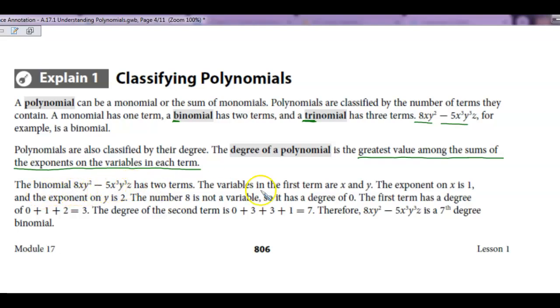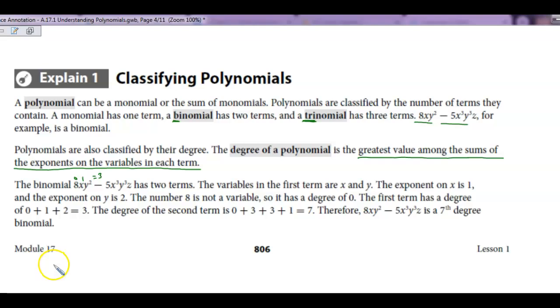It's a binomial. The variables in the first term are x and y. The exponent on x is 1, and the exponent on y is 2. The number 8 is not a variable, so it has a degree of 0. The first term has a degree of 0 plus 1 plus 2 equals 3.